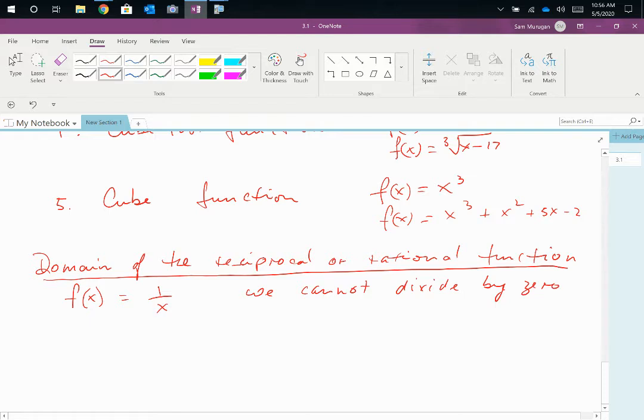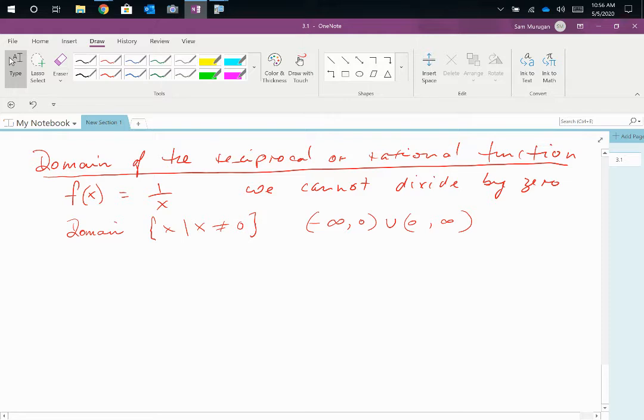Hopefully you guys watched the video in the getting started module about why we can't divide by zero. So that means x cannot be zero in this particular function, the domain is any number, all real numbers except for zero. A way to write that is from negative infinity to zero. We jump over zero and continue to positive infinity.